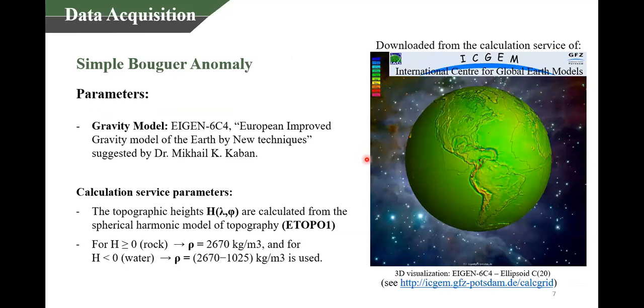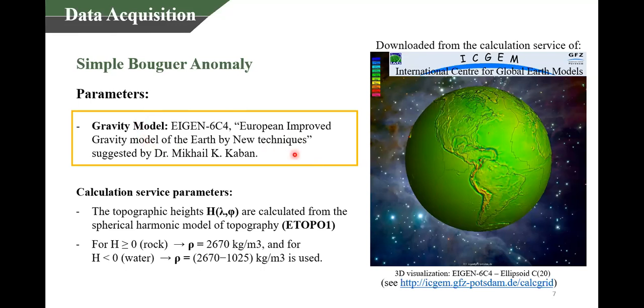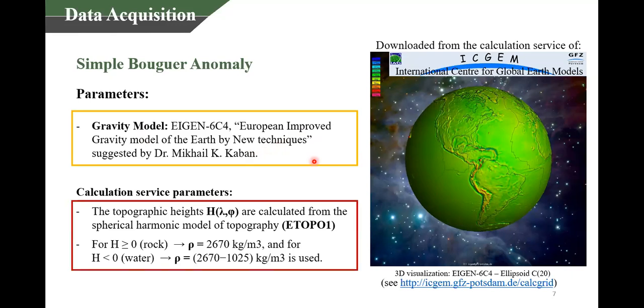And the parameter selected to calculate this anomaly was the EIGEN-6C4 for the gravity model, which compiles both the satellite data of the GRACE and the GOCE satellites, as I showed before, together with the Earth Gravitational Model of 2008, which compiles ground data and airborne data. And these are the parameters that the calculation service uses in order to perform the corrections I explained before.